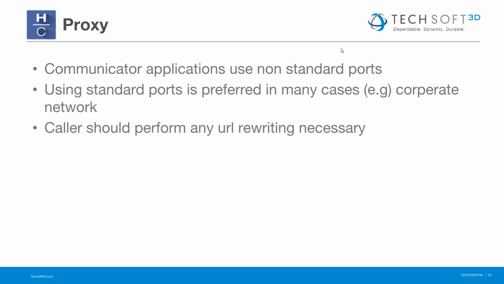And then a little bit more about the proxy. So by default, every time you spawn a viewer process, it will listen on a non-standard port. So for example, we can listen on port 11,000. And what we want to make sure is that all our communication with the outside world is done through standard ports, for the reason being that corporate networks usually do not allow access over non-standard ports.